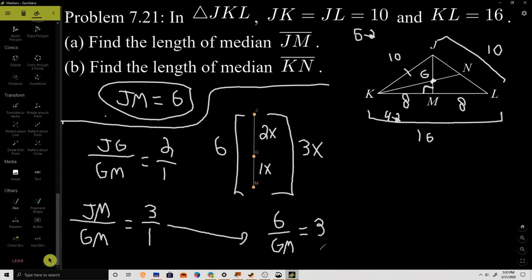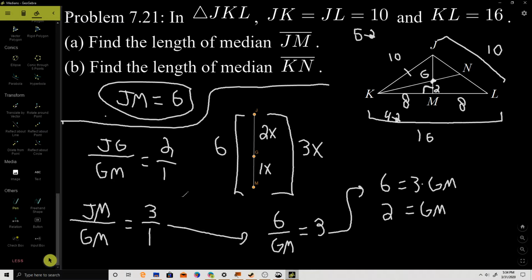And if I do some multiplication, we get that 6 is equal to 3 times GM, which means that GM is equal to 2. So GM is 2.